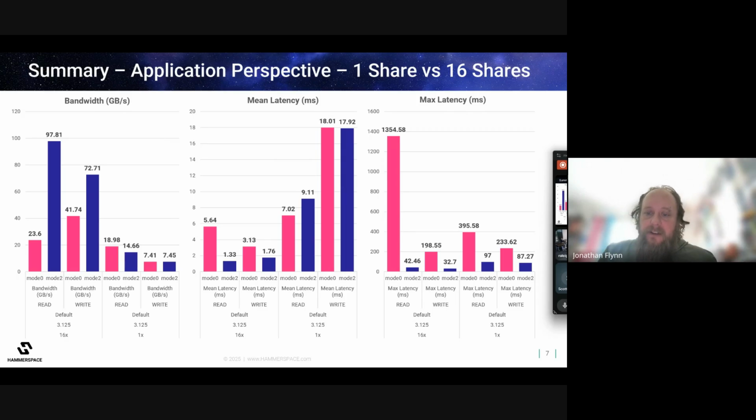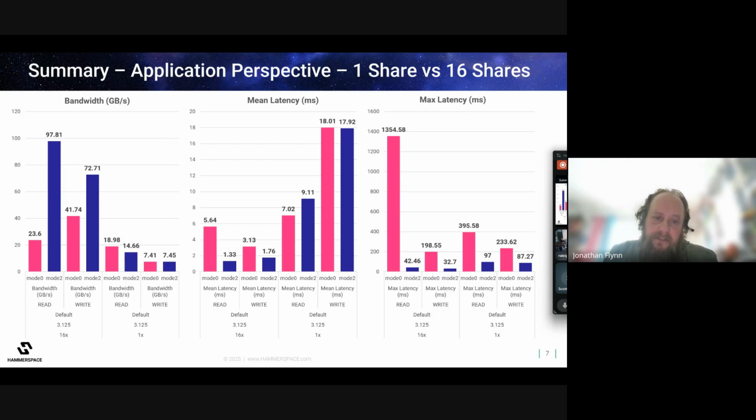What we see here is that as we look at the 1x, average latencies are about the same, a little bit better in mode 0, but max latencies show that mode 0 can still provide some outliers, right? The way I view this one is when you are larger than your page cache, it almost comes in as a wash, especially for long-term runs.